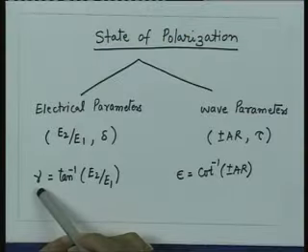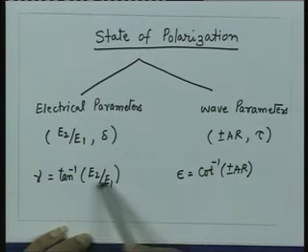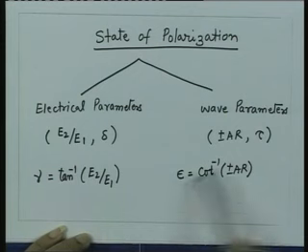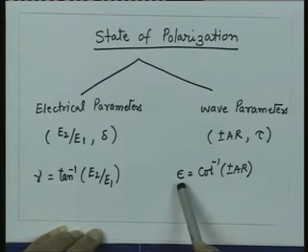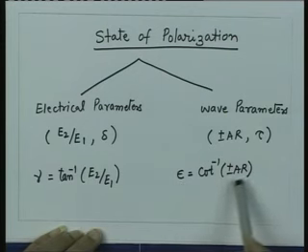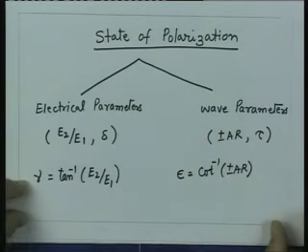So, we define this quantity gamma, which is an angle, the tan inverse of E2 by E1, and another angle epsilon, which is cot inverse of the axial ratio with the sign.